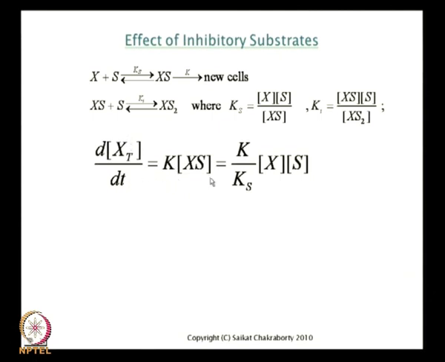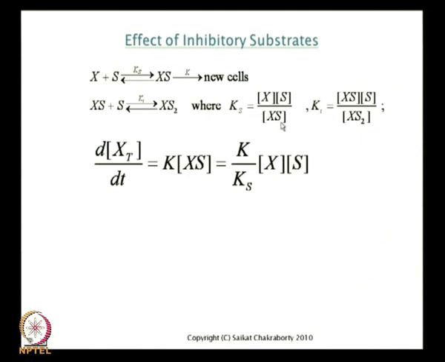dXt/dt over here is k times XS, right? Is that clear to everybody? Why is that? Because this second reaction is not leading to any growth of cells, so that is not considered over there. So, dXt/dt is k times XS. Now, from the first reaction, the reversible first reaction, what you find is if this is assumed to have attained equilibrium, then X times S could be written as Ks times XS.